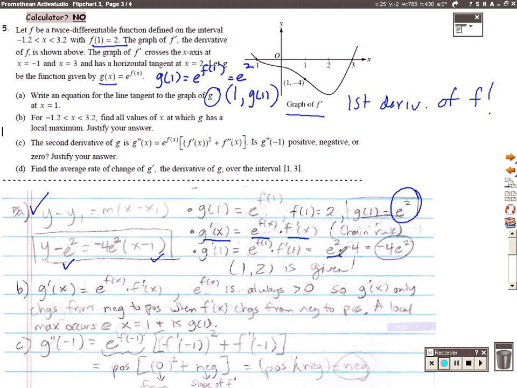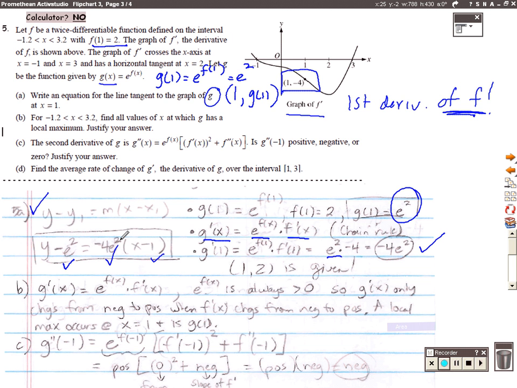Well, up here, this is the graph of the derivative of f, so f prime at 1 is negative 4, and that's where I got that value from. So now I know the slope, and I can substitute it in place of m. So that's really not that challenging of a problem if you think about it and take your time.